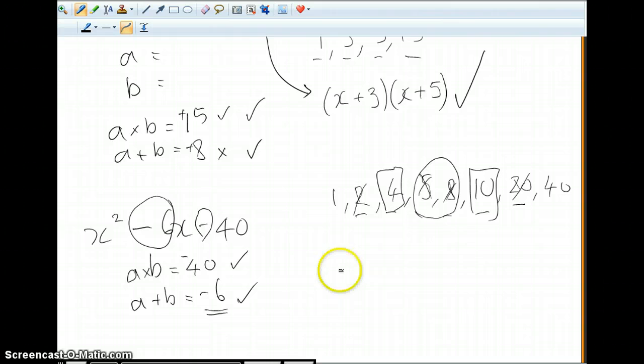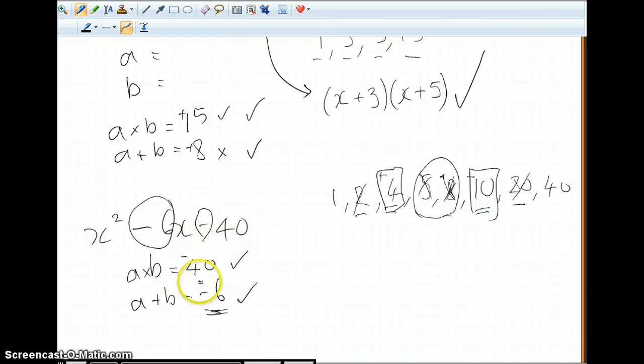Now I have to think about, well, given that I want a negative, I should put the negative next to the biggest number, so it's plus 4 minus 10. Plus 4 minus 10 gives minus 6.